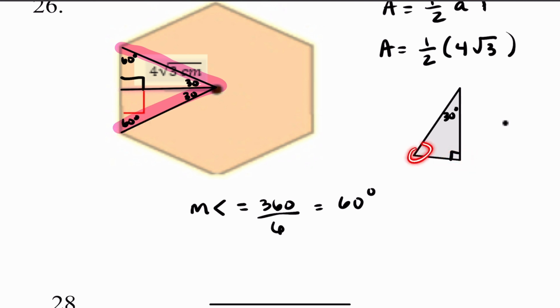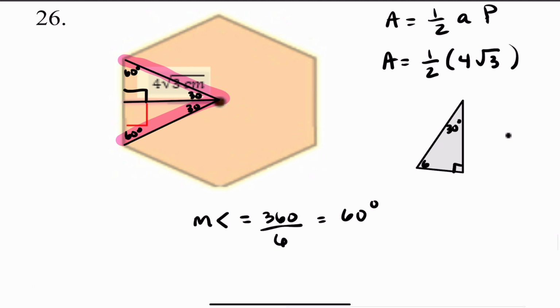Here's the 60 degrees. It's going to be right here. Our apothem is 4 root 3. And we're trying to find this side here, that bottom side. And we're going to label that as X because that's our unknown.